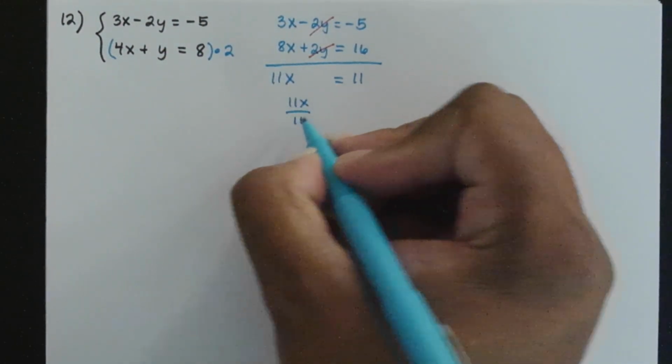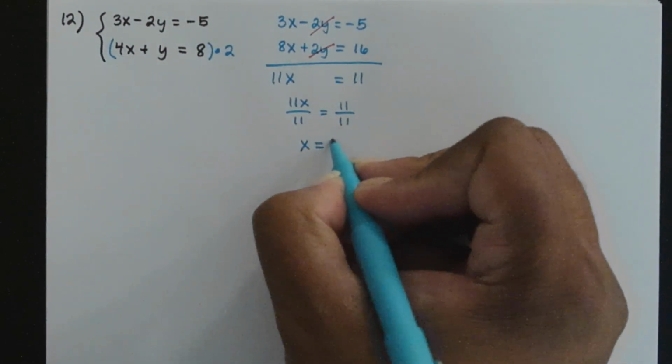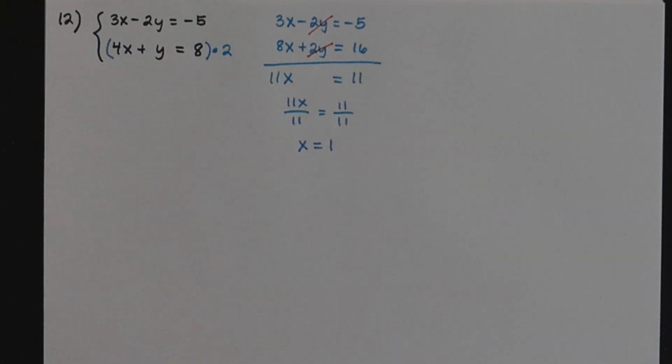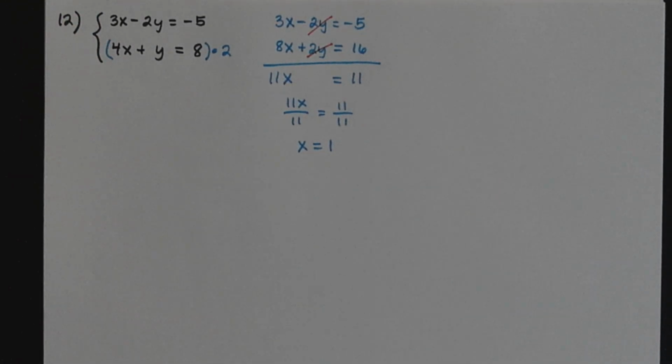So what must x be equal to here? 1. So I have x is equal to 1. Now we need to find out what y is. Because our system of equations, its solution would be an ordered pair. We have x, we need to find out what y is. We could use either the first or the second equation to find out what y is.